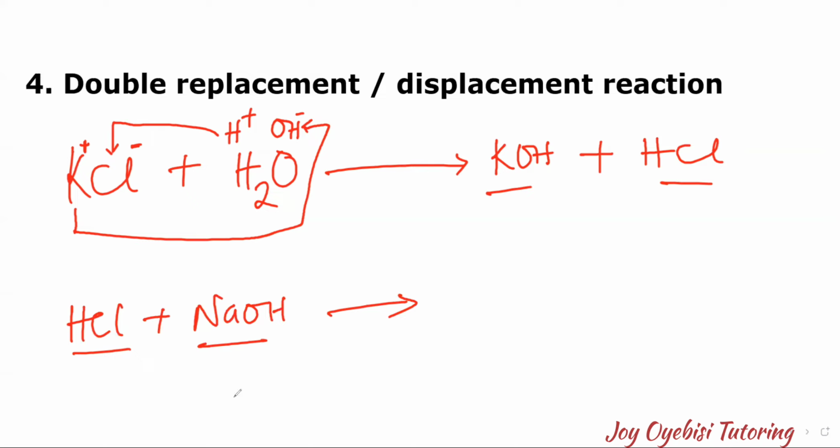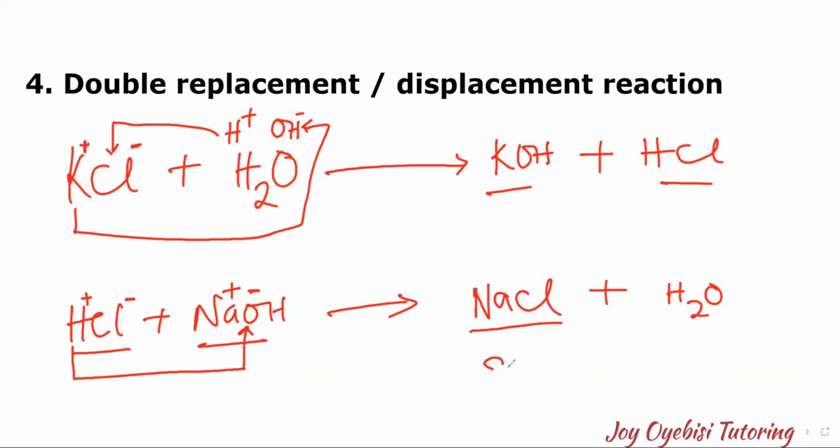So in this case, we have a positive on the hydrogen, a negative one on the chlorine, positive on the sodium, a negative on the hydroxide, and of course, the hydrogen is going to combine with the OH, and that gives you H2O, while the sodium combines with the chlorine and gives you sodium chloride.